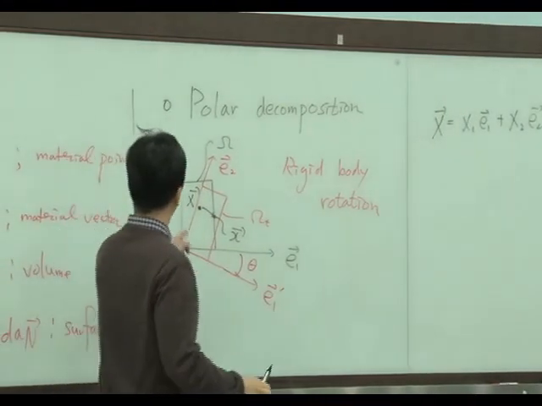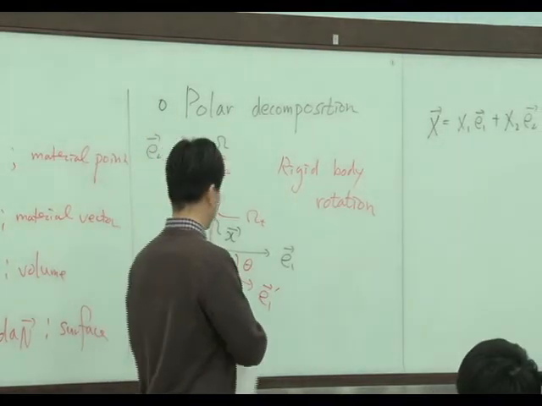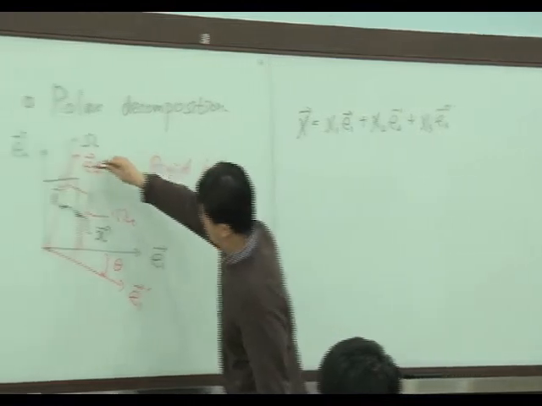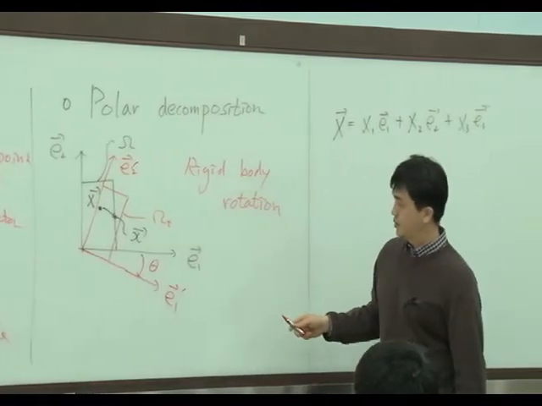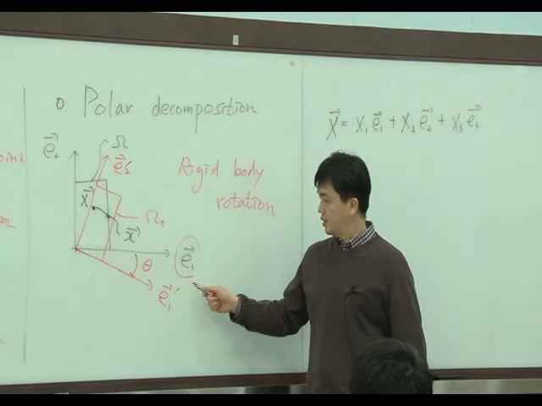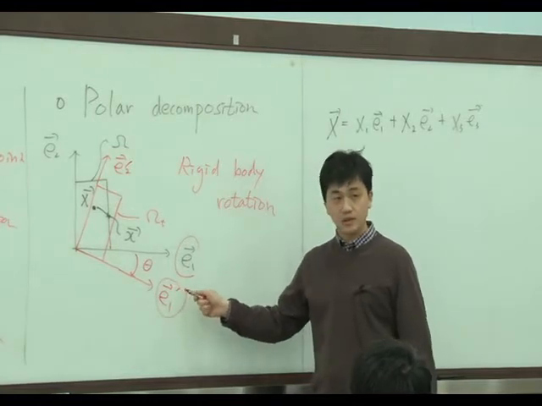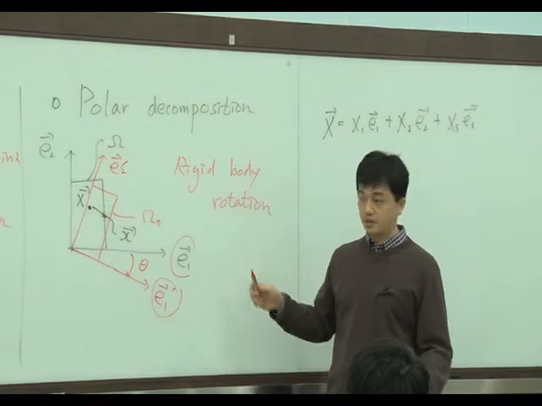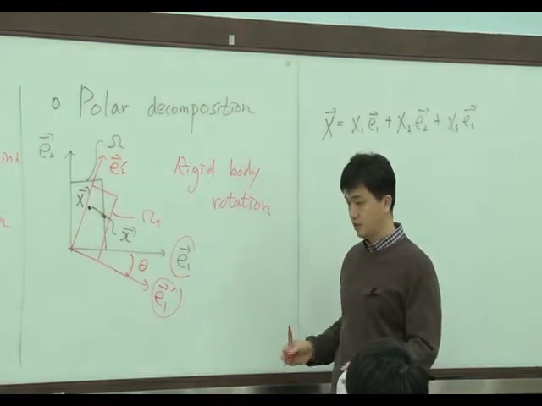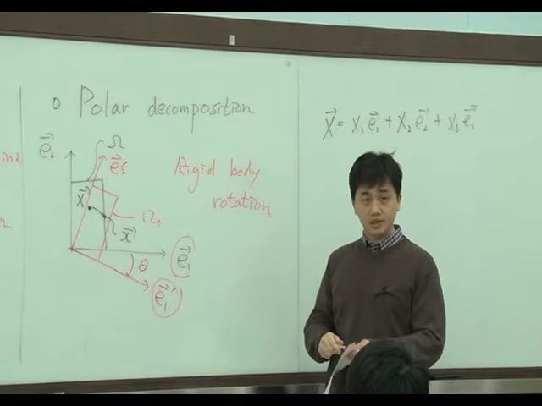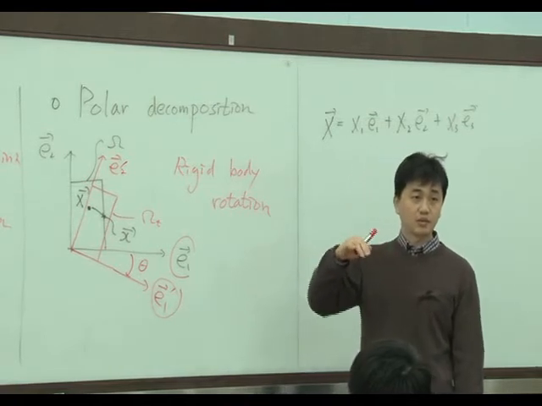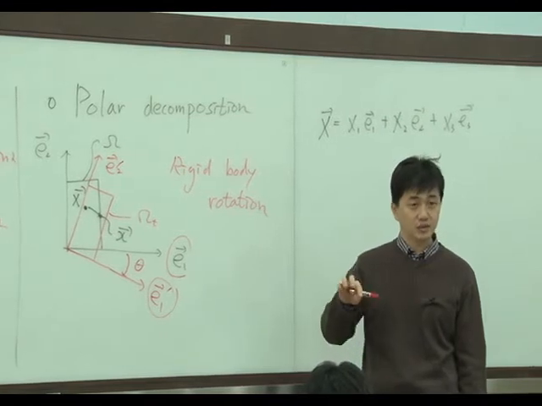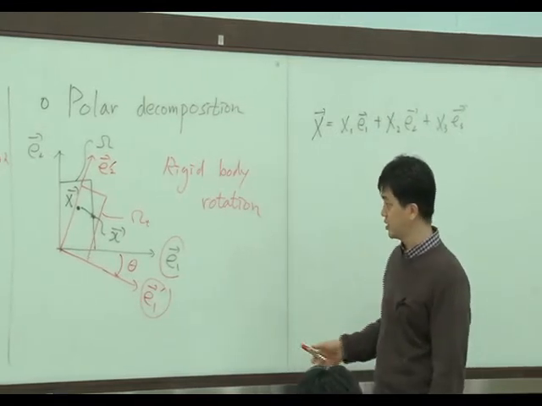E1 and E1 dash are different. We can think this is a case where we have a rotation of the coordinate system, right? So we can think the coordinate system is changed.